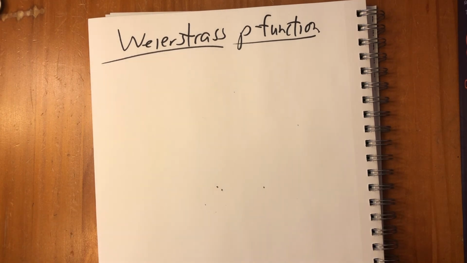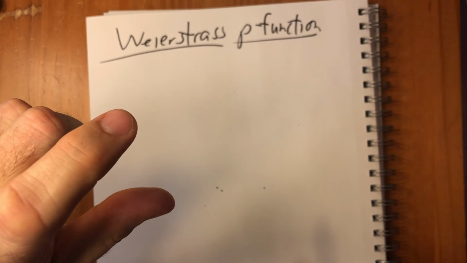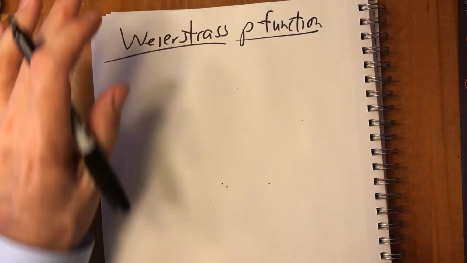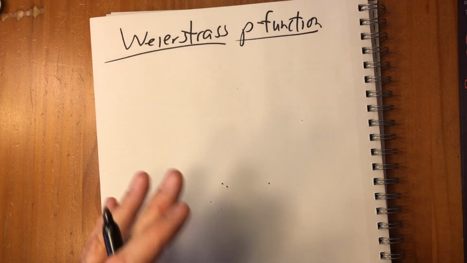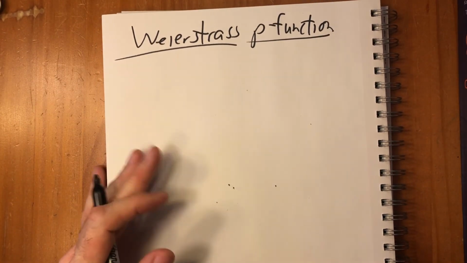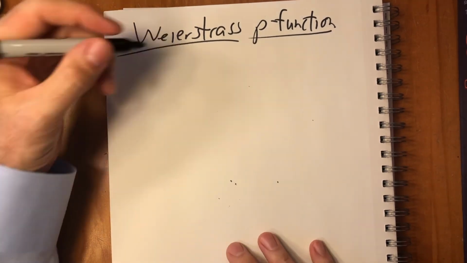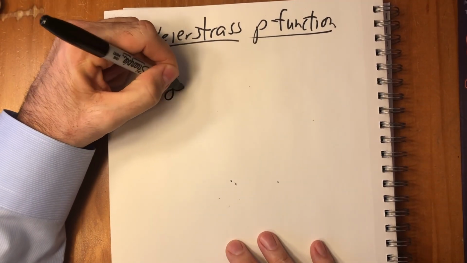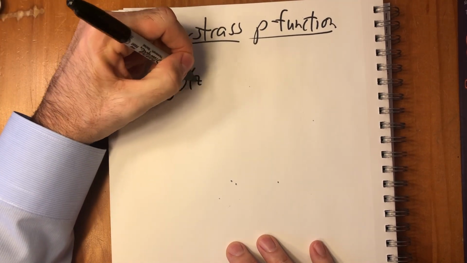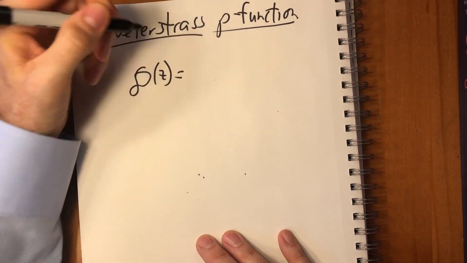So he worked to create an equation that would be a doubly periodic function. And then it turns out that basically all doubly periodic functions can be expressed in this way. So they have to have 2 poles. As I said before, he has his own letter, P, and P of Z equals.